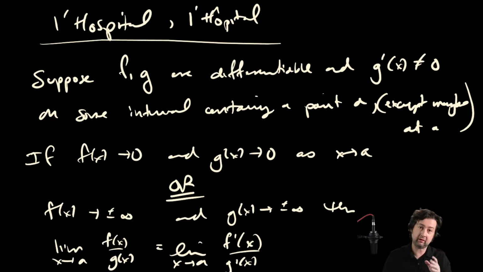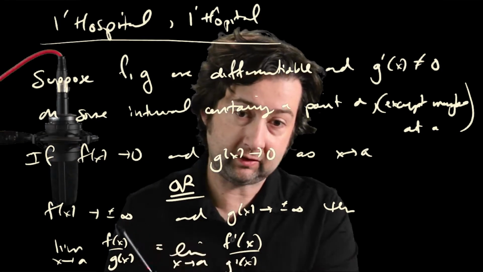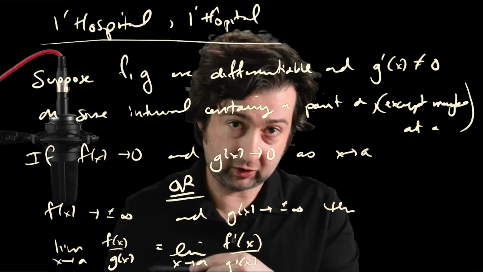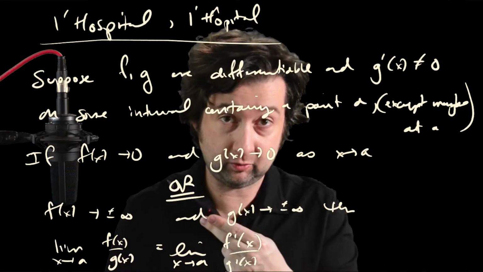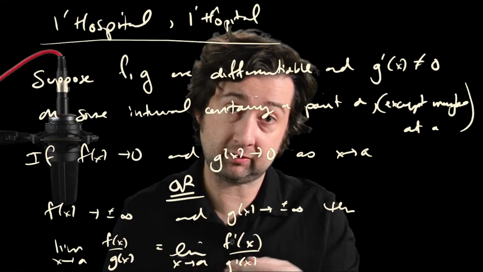And this is not a quotient rule. The limit of the ratio of the functions is equal to the limit of the ratio of the derivatives. So I take the numerator and its derivative, I take the denominator and its derivative.